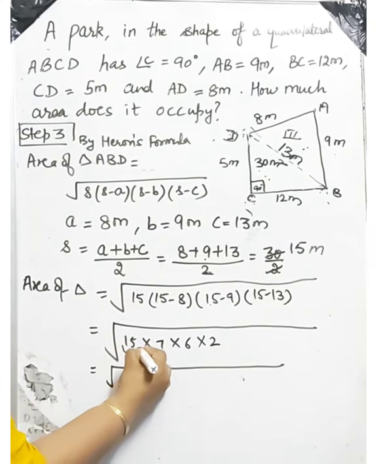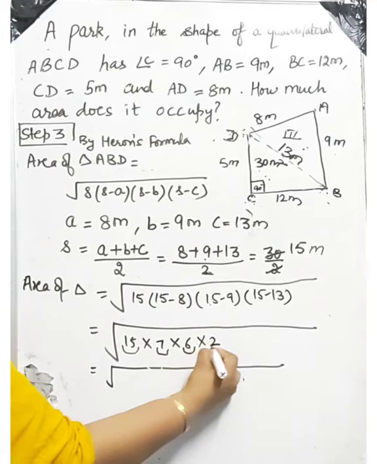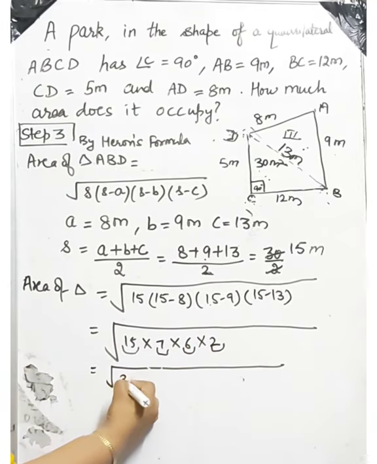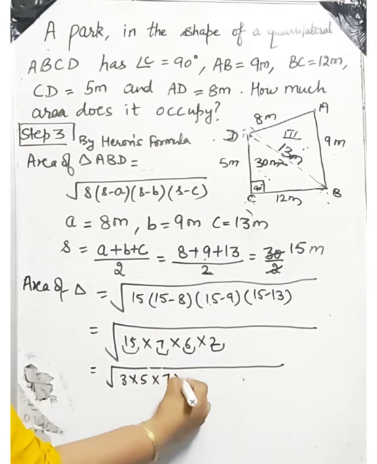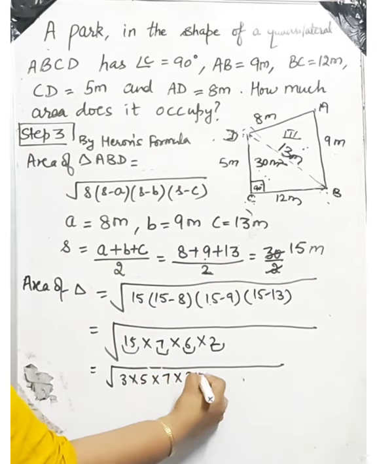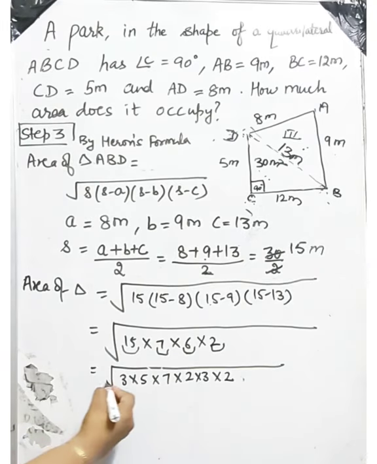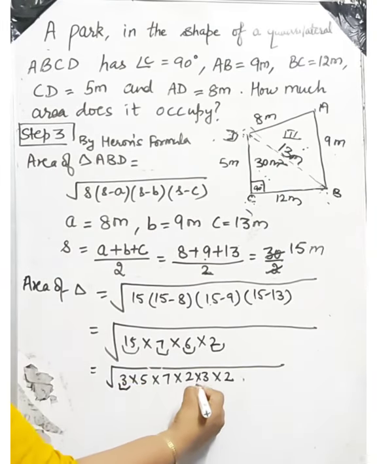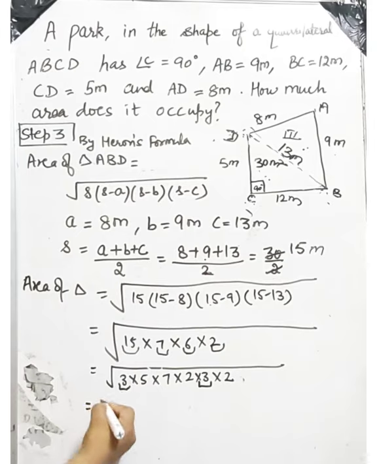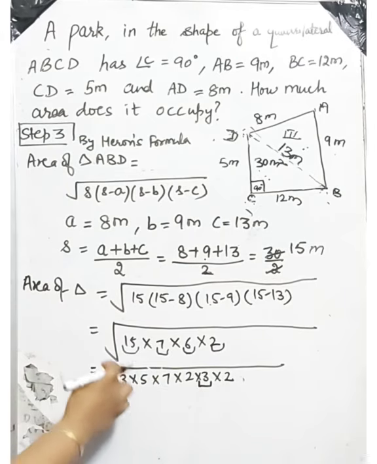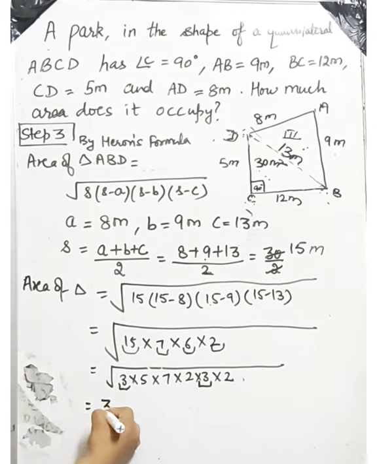Now find the prime factors of each term. Prime factor of 15 is 3 into 5. 7, prime factor of 6 is 2 into 3 and 2. Now make the pair of same numbers and bring out it from the square root.